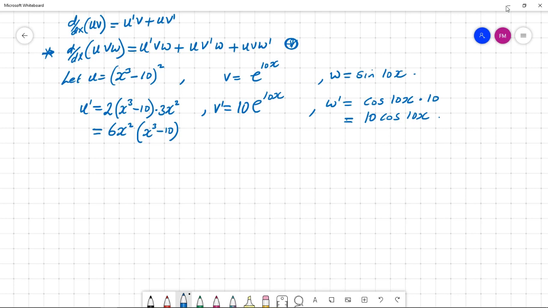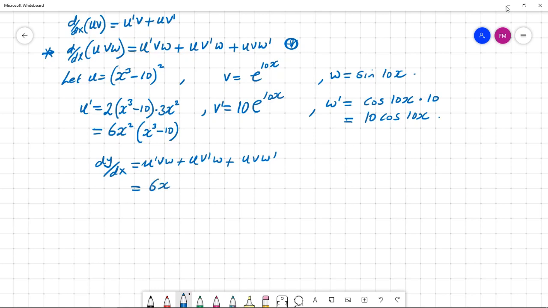Now, having that information, we will now go ahead and use the product rule that we defined in the beginning. Therefore, dy over dx is going to be equal to u prime v w plus u v prime w plus u v w prime. This is going to be equal to, what is our u prime?